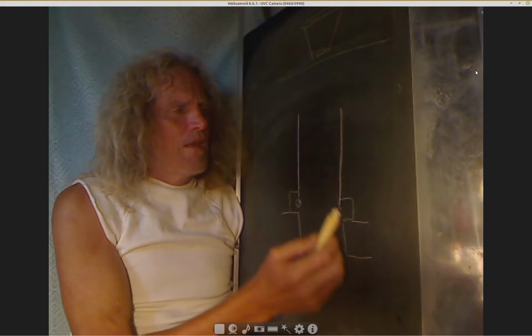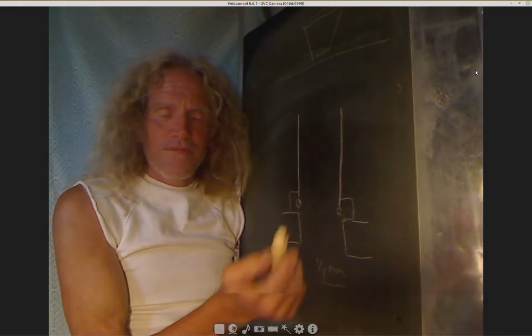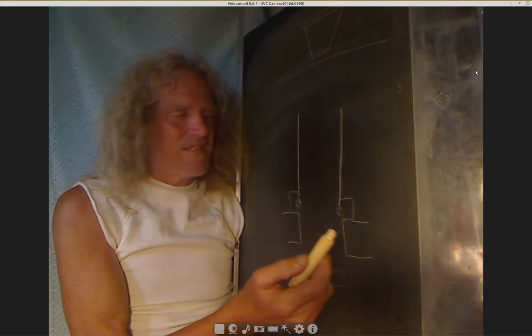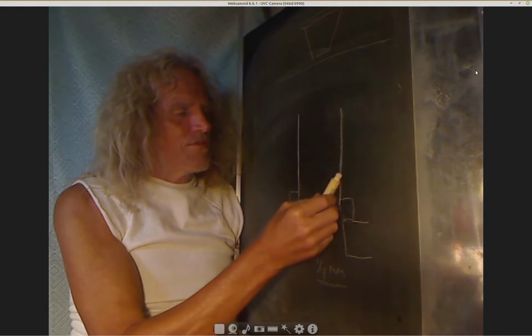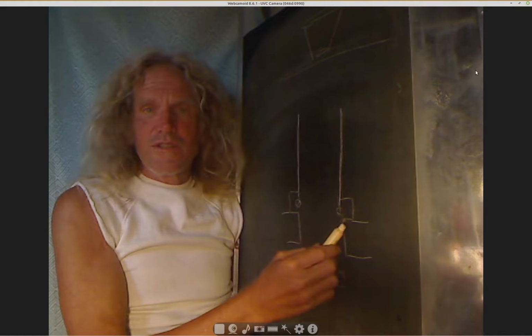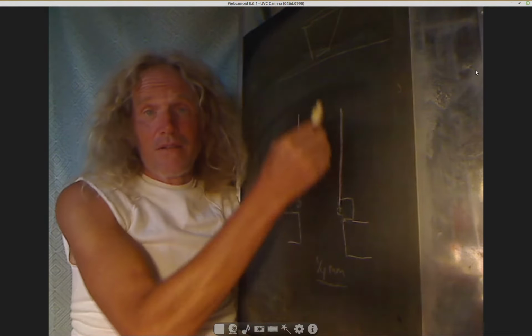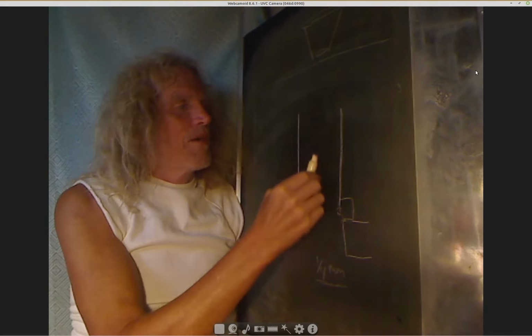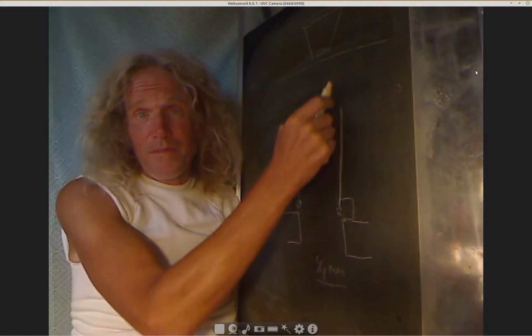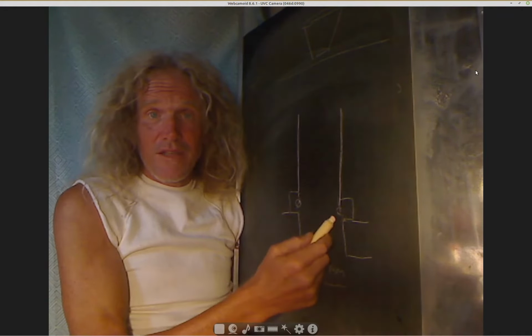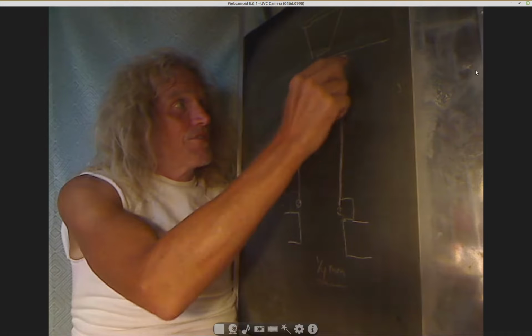Now, the traditional math that physicists use says these 2 lines are so close to each other that we might as well call them parallel. We won't bother trying to figure out that one's a little different than the other, and that they're converging on a point.